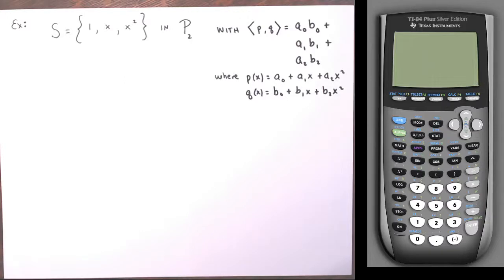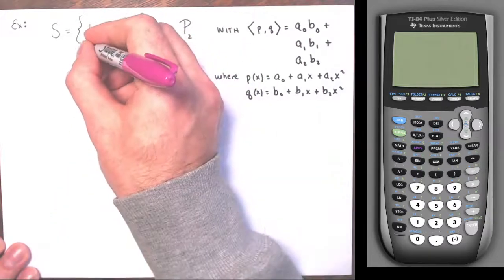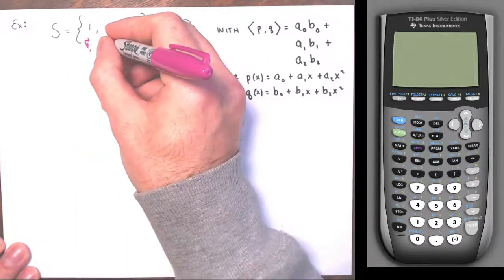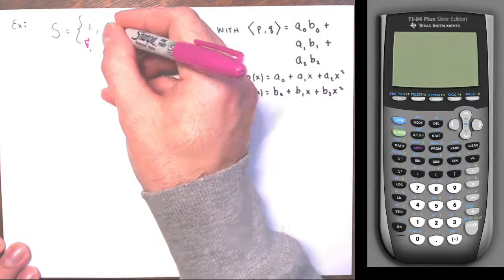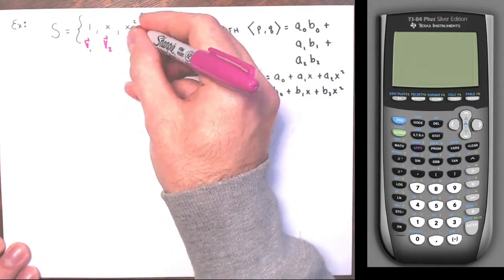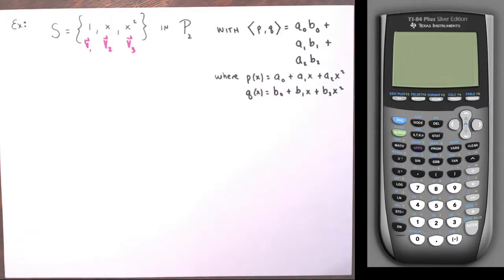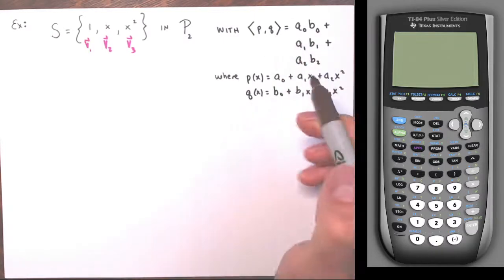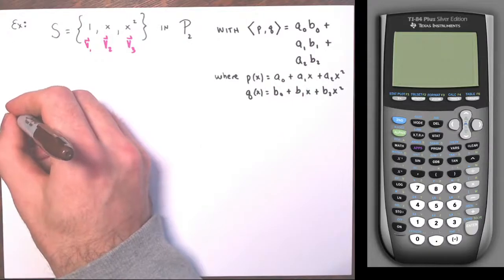Just as in my first example, this one has three vectors. Vector 1 is the polynomial 1, I'll call that V1. Vector 2 is the polynomial x, and vector 3 in this set is the polynomial x squared. Now to check if they're orthogonal, I'm taking inner products based on the definition of inner product over here, checking each pair.